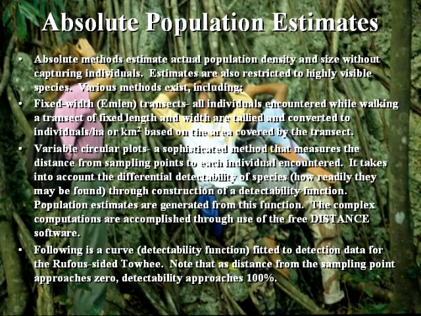Now, one of the things that the variable circular plot generates is something called a detectability function, because animal species each have their own detectability, that is, how easy they are to find. With certain kinds of birds, for example, they're loudly vocal and they are frequently vocal. Other species are rather quiet and just slink around, so they're harder to detect.